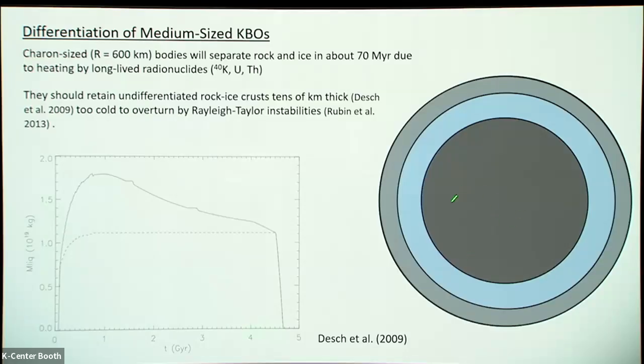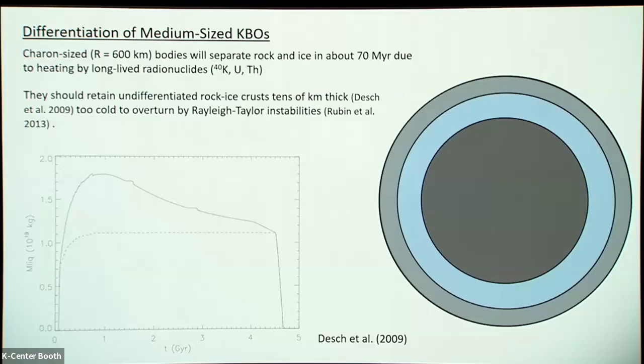But you'd have a rocky core and a liquid or icy water mantle, but it's always in those models overlaid by an undifferentiated crust of rock and ice that was many tens of kilometers thick, sometimes 70 kilometers thick. And that's simply because if you start with a homogeneous body, if you start with a cold start, it's just never warm enough to allow rock and ice to separate, even through density inversions, really Rayleigh-Taylor instabilities.